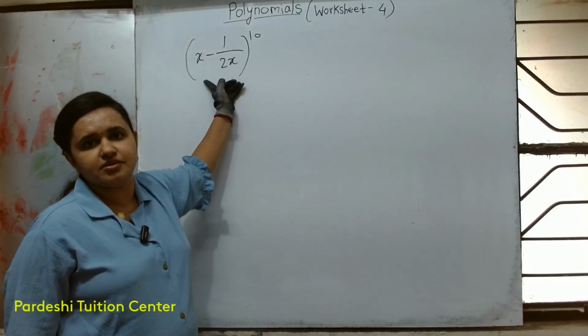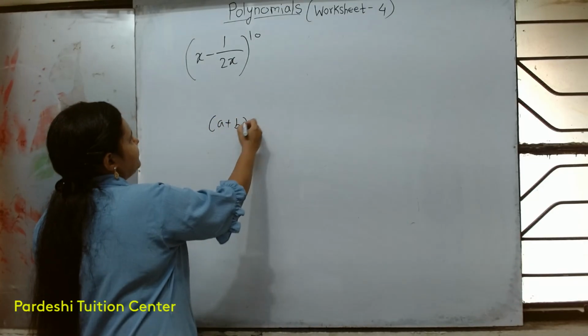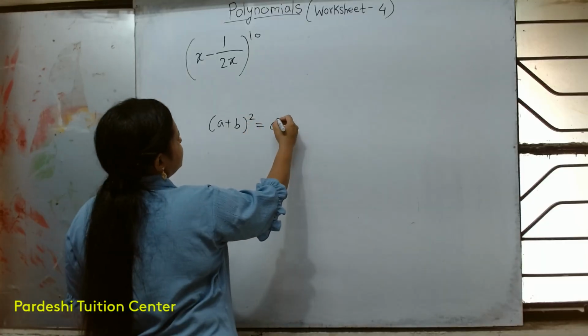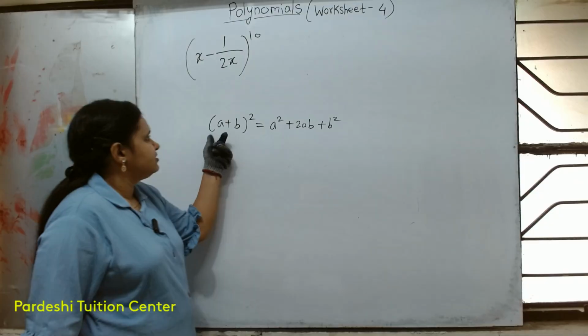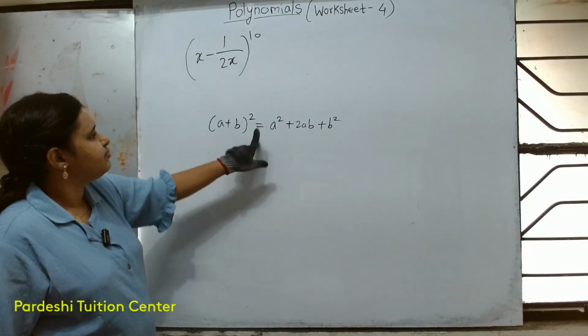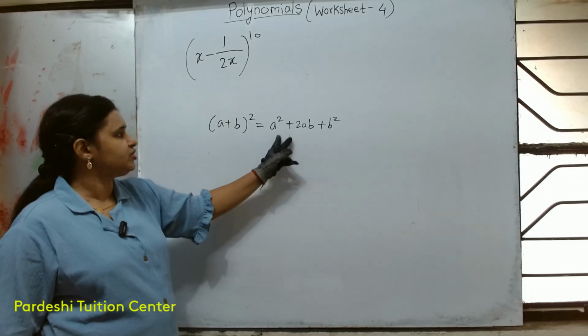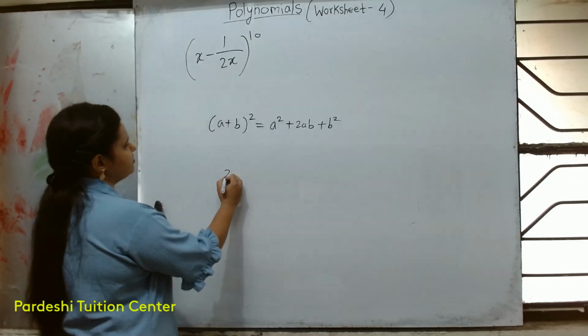What is the middle term? Now we have taken a plus b whole square. How many terms were there? A square plus 2ab plus b square. There power is 2 and terms are 3. So always, if you want to calculate the total number of terms, just make the power plus 1, that is 2 plus 1.